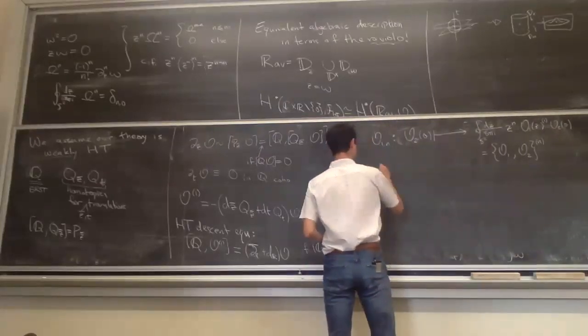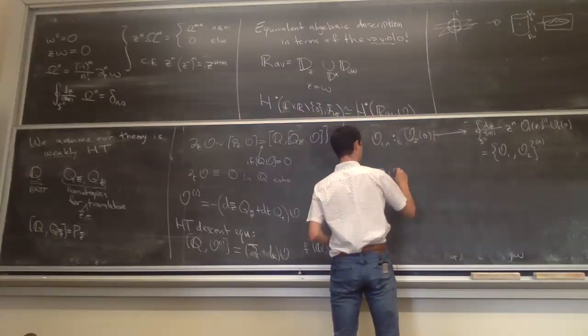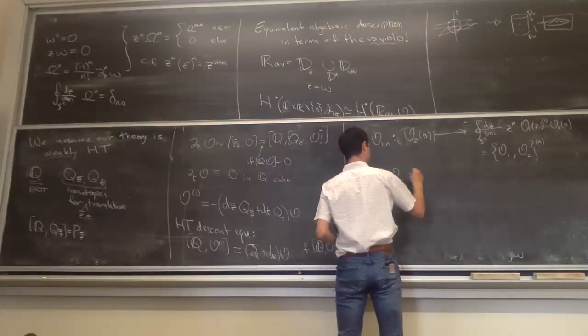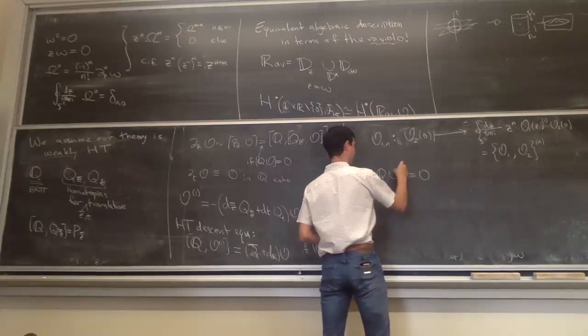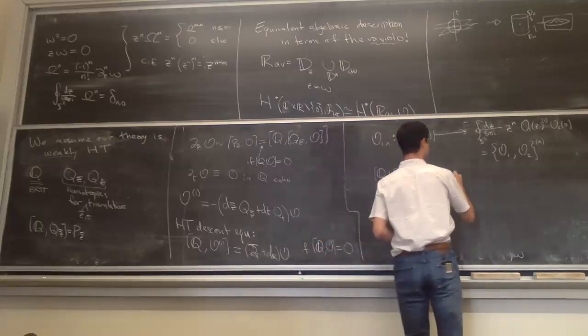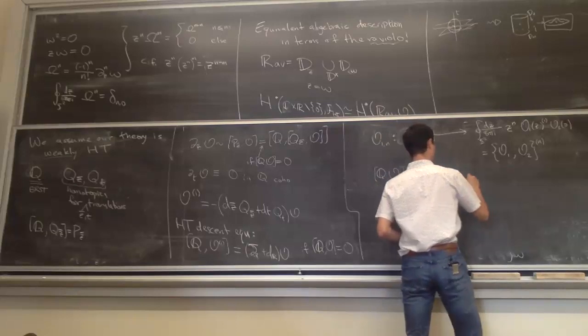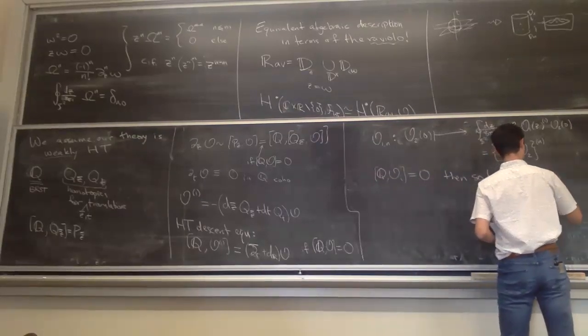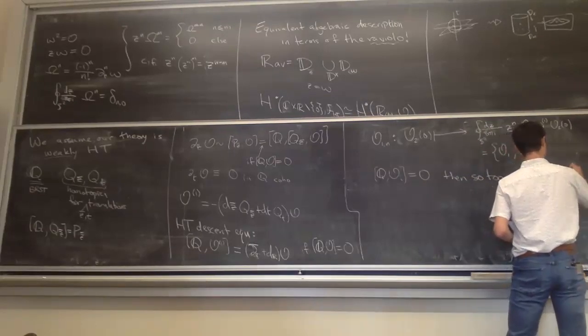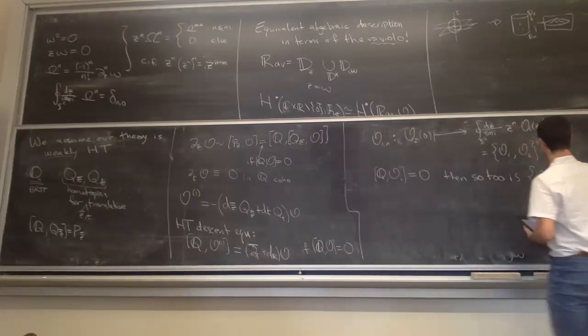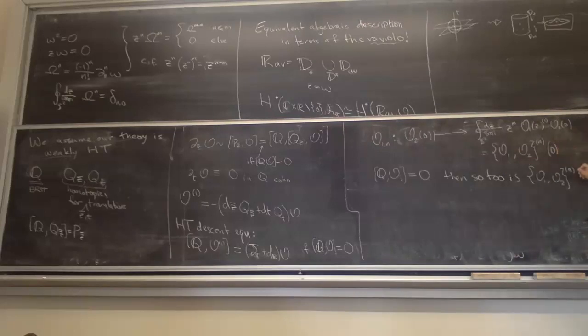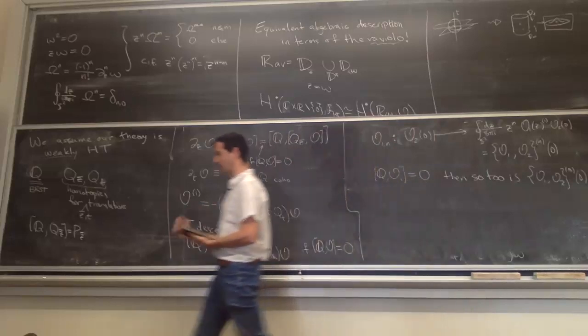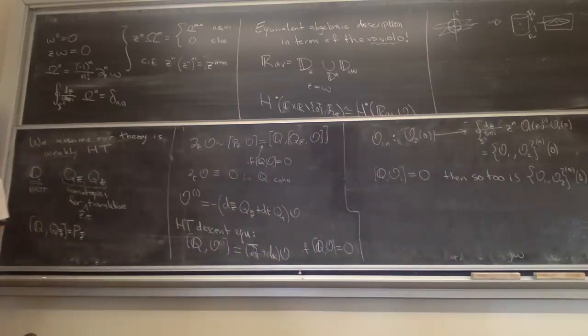And the punchline is if O1 and O2 are Q closed, then so too is this bracket. And I'll stress that this is a local operator at 0. So this is a way of taking local operators and getting linear operators on the space of local operators, exactly as we did before.